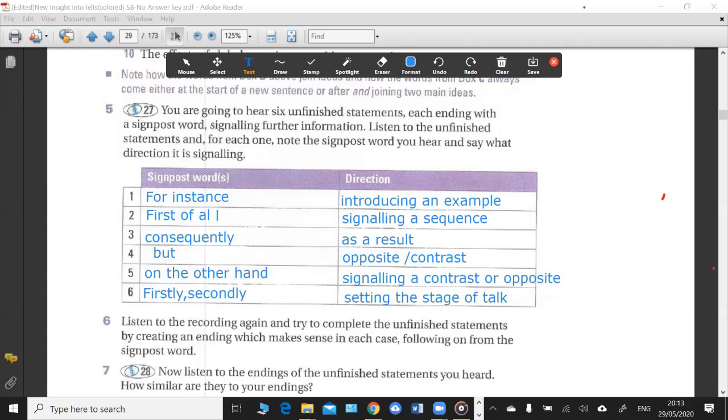On the other hand, again something opposite. Firstly, secondly, thirdly, finally: these are like the steps or stages of something, or the sequence. If I ask you to give me a recipe and you tell me the steps how to make it, these are like signpost words.